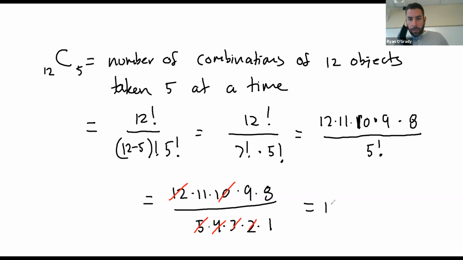And so you're left with 11 times 9 times 8, which is 792.